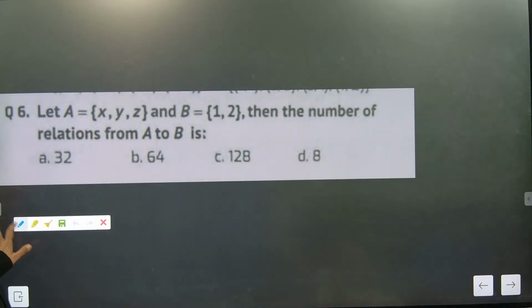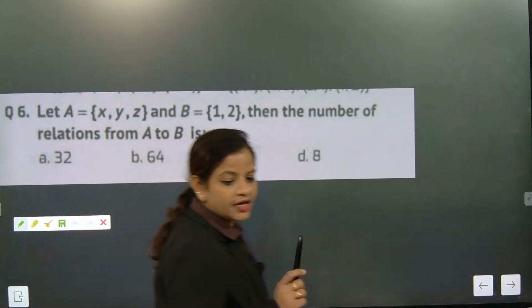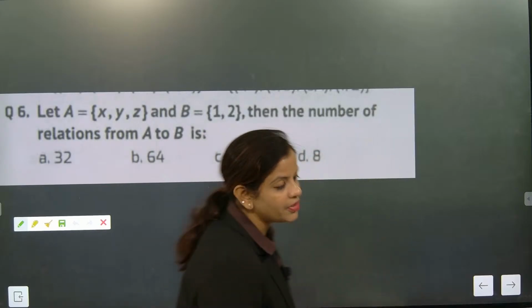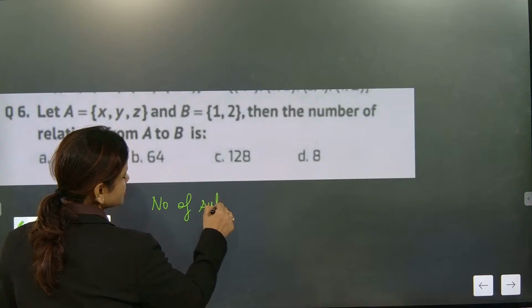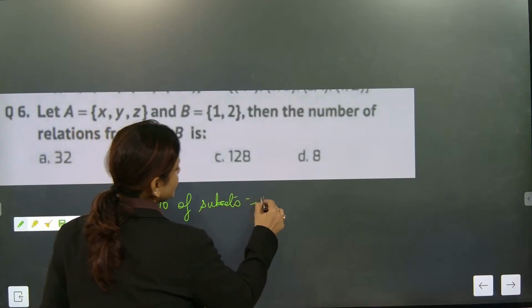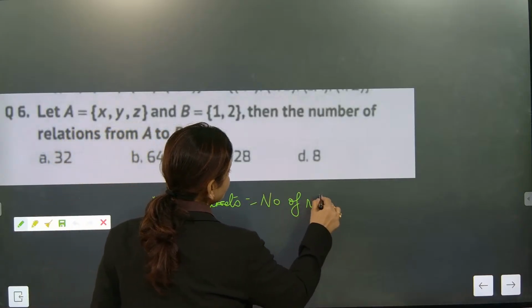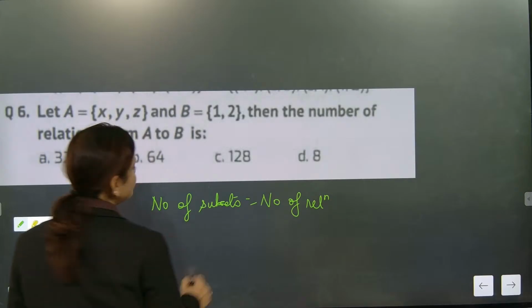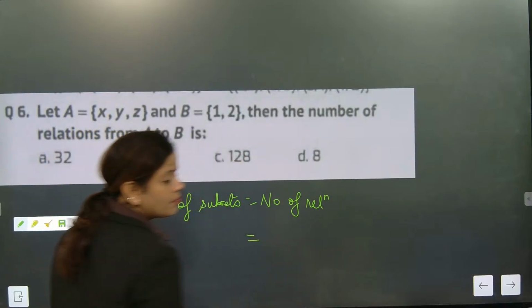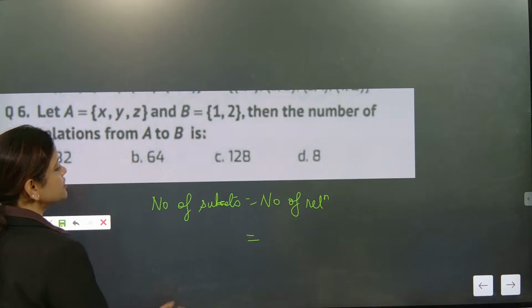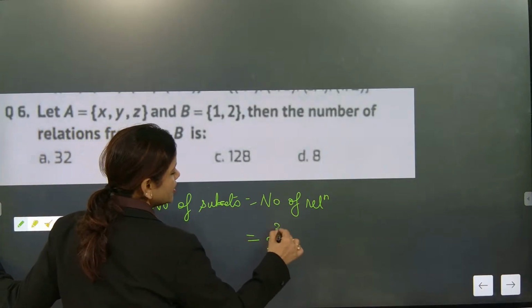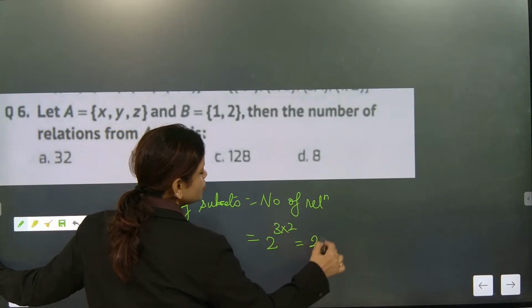But where do you have to write 6? What is the number of relations? The number of relations is nothing but the number of subsets. And what is the formula, beta? 2 to the power 3 into 2, so 2 to the power 6.